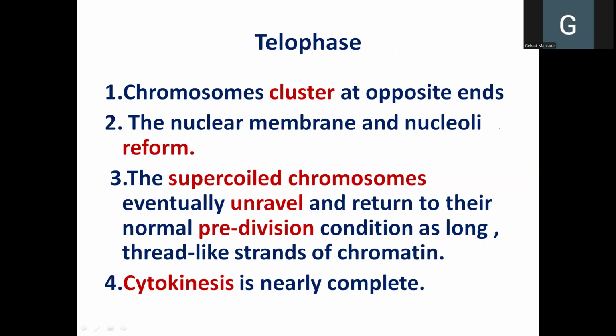The supercoiled chromosomes, of course, started to condense in prophase, and then they become mostly condensed in metaphase, and then even when they split in anaphase, they are still supercoiled, but they will unravel, they will uncoil, and they will return to their original pre-division conditions, just like they were during interphase, as long thread-like strands of chromatin.